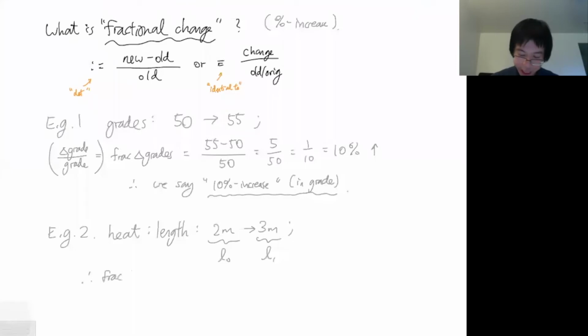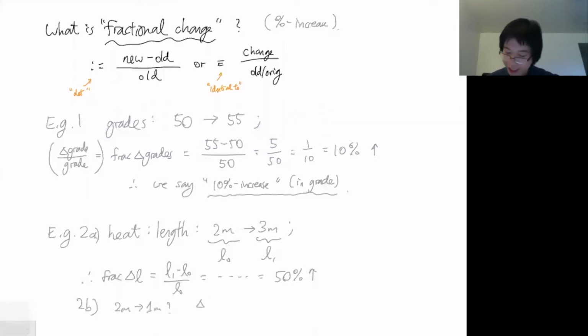So the fractional change in length, so fractional delta L, let me be lazy, it will be what? L1 minus L0 over L0, okay? So you can plug in the number and check. That will be a 50% increase in length. So if you heat something up and then it increased from 2 meters to 3 meters, that means it's a 50% increase, right? Let's do one more. Like, what if it goes from 2 meters to 1 meter, however?